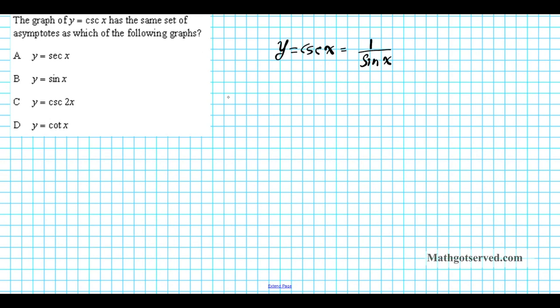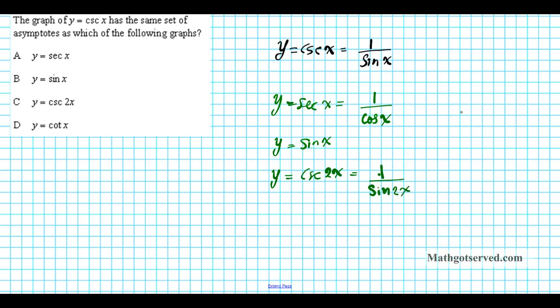All right, so option A, y equals secant x, can be written as 1 over cosine x. Option B, y equals sine x, cannot be expressed using a quotient identity or the reciprocal identity, so we'll leave it alone. Option C, y is equal to cosecant 2x, is equal to 1 over sine 2x.